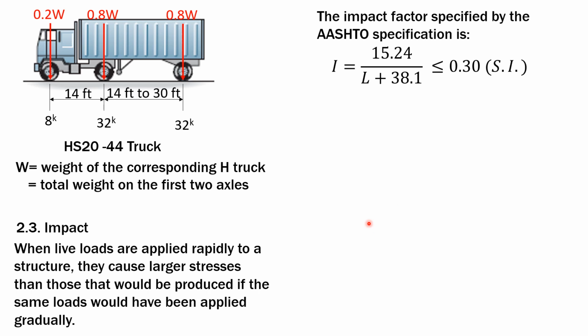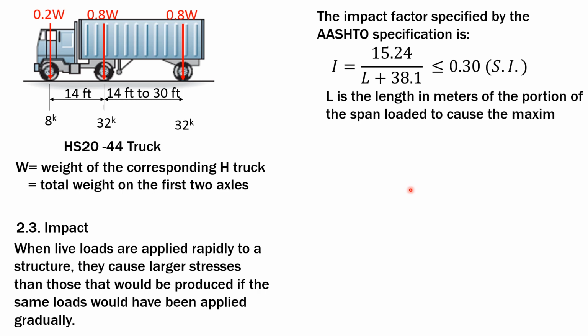That's the SI value. Some other books specify it so that you can easily remember it: 15 over L plus 38. So the decimals are removed. L is the length in meters of the portion of the span loaded to cause the maximum stress in the member. The English equivalent is 50, so 50 divided by 3.281 will give us that.